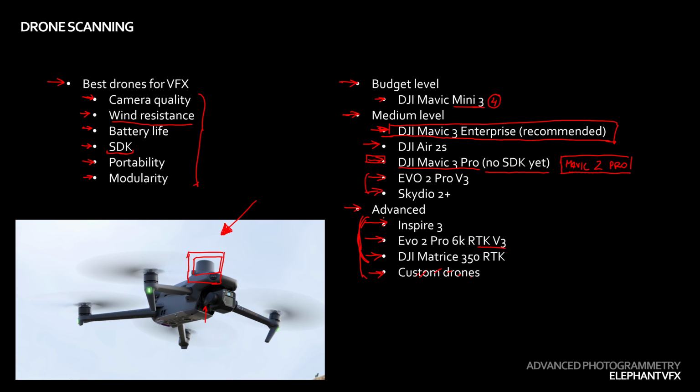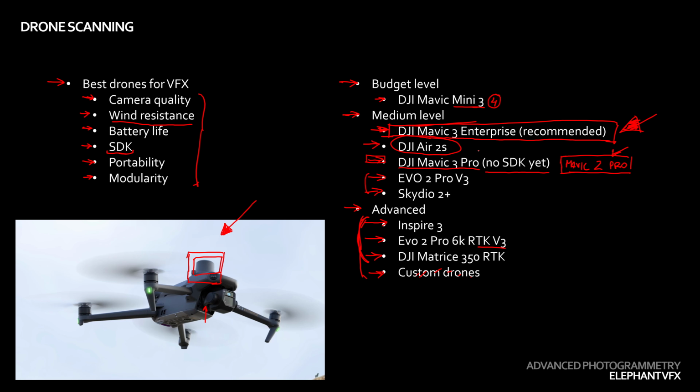But even though these are more advanced and more expensive drones, I would recommend 100% the DJI Mavic 3 Enterprise. This is the drone that you should get, if you have the budget, of course, to work in visual effects. Otherwise, again, I would go for the Mavic 2 Pro or the DJI Air 2S.